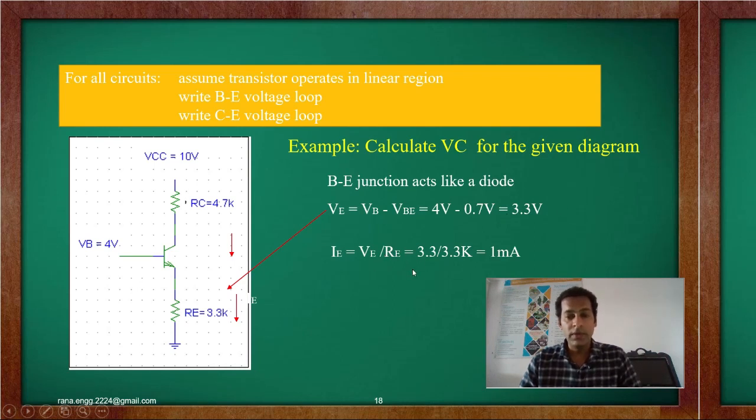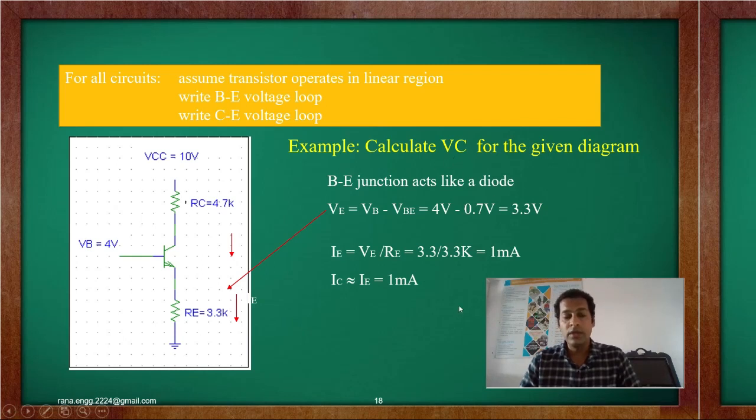So VE we already have 3.3, RE is also 3.3, but this is in kilo ohms. So this value will come to 1 milliampere. Then we know that IC is almost equal to IE. So IE is 1 milliampere, so IC will also be equal to 1 milliampere.